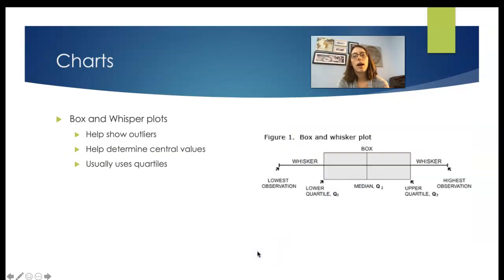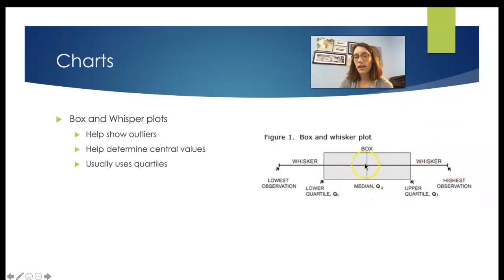We can also use box and whisker plots, so that also helps us show outliers. And that's important when we're talking about certain disease processes, likelihood of having a disease, things like that. It helps us determine our central values, and it usually uses quartiles. So here we have a whisker plot. So the lowest observation starts here, the highest observation starts here. So again, we need data that can be ordered in that way.